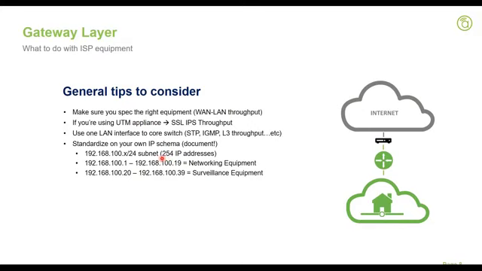An example of standardizing on my own IP schema is I say, every job that I go to, the range from .1 to .19 is reserved for networking equipment. So .1 is the router, .2 is the core switch, .3 is another switch, and so on and so forth. These are the management IP addresses for those networking equipment, and I standardize on those across all my jobs.